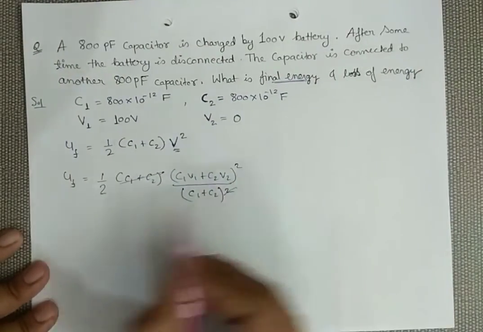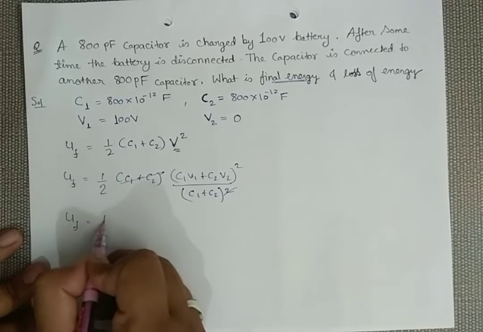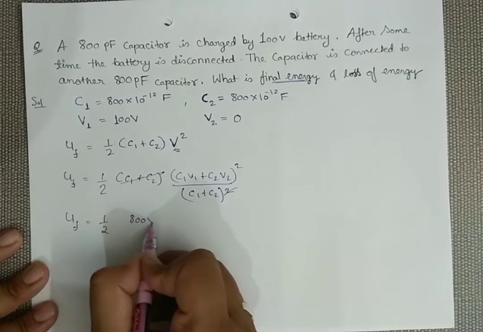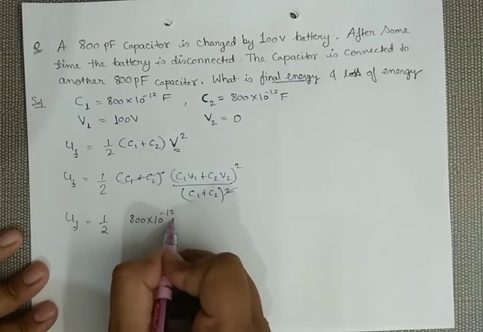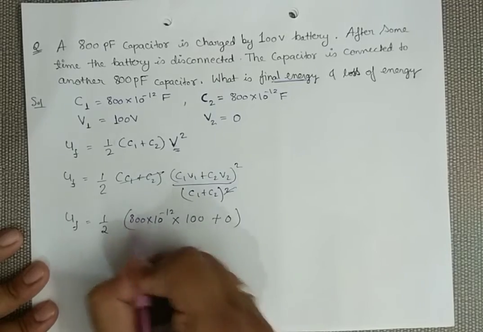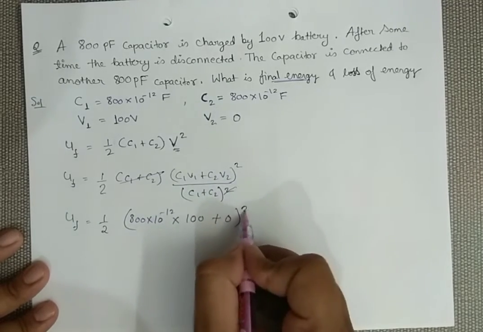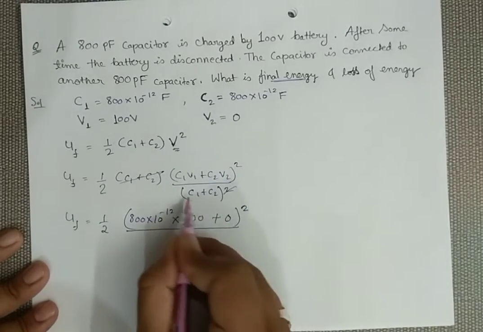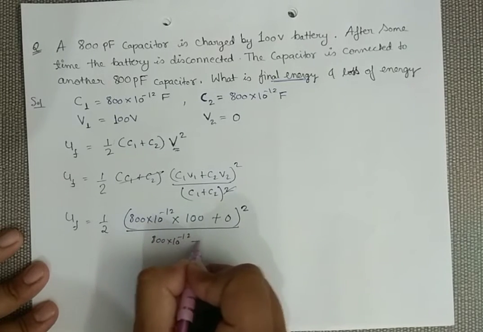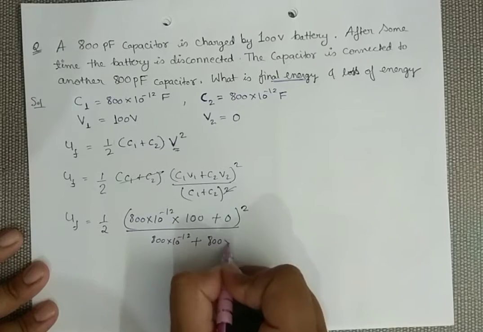First cancel out these two. So half, C1 is your 800 into 10 to the power minus 12. Your V1 is 100 plus 0. I am writing 0 here because your V2 is 0. Divided by C1 plus C2, that is 800 pico plus 800 pico.